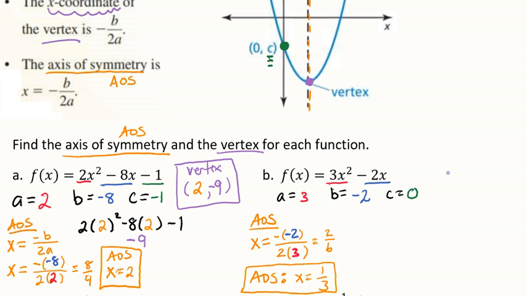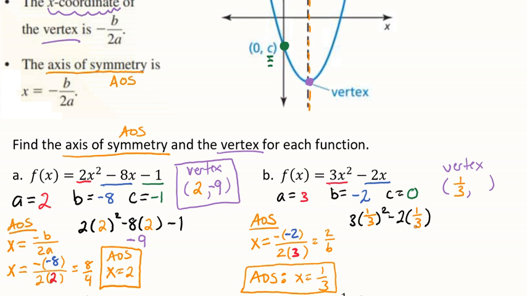So now for our vertex, we already have half of our vertex found because of the 1/3. So now we're going to plug this into our calculator, where we're going to have 3 times x squared minus 2 times x. And we're not really worried that we're having to plug in a fraction because we're going to use our calculator to help us solve this.